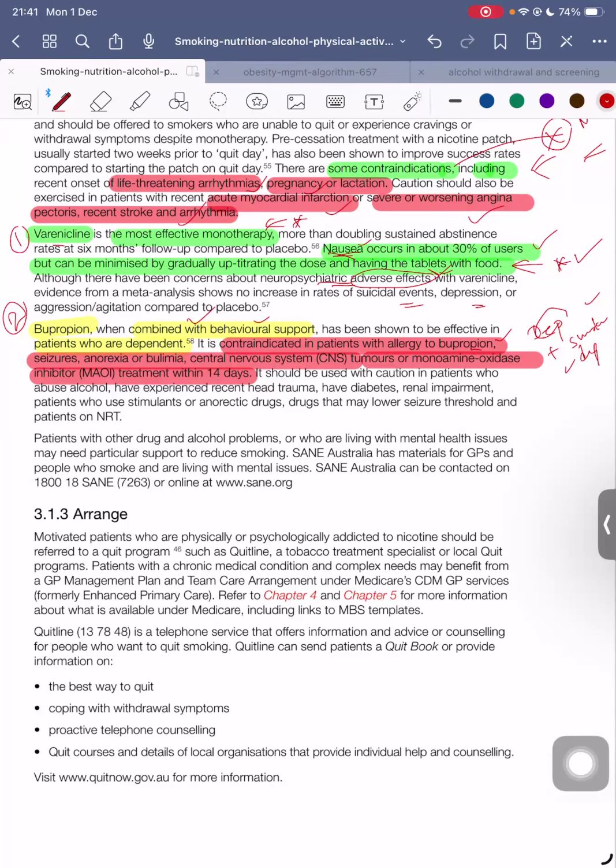If the patient has seizures, anorexia nervosa or bulimia nervosa, or central nervous system tumors, or MAO antidepressant treatment within 14 days, we can't give this patient bupropion.